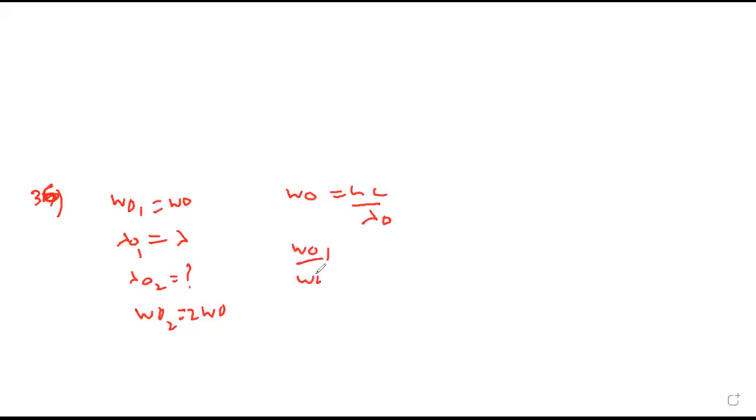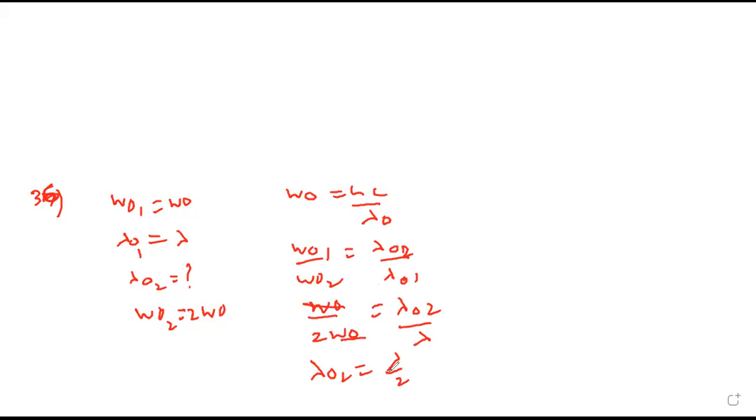The work function of first upon second is lambda 0 of second upon first. So first work function W0, second twice; lambda 0 of second we want, lambda 0 of first is 1. Therefore the new wavelength will be half of the original, lambda by 2. No need to solve it fully: wavelength and work function are inverse. When one is doubled, the other becomes half.